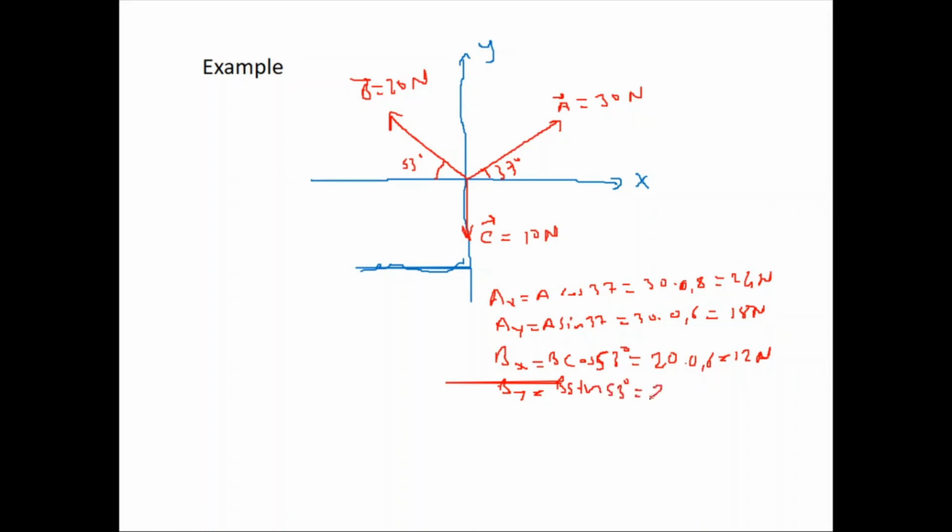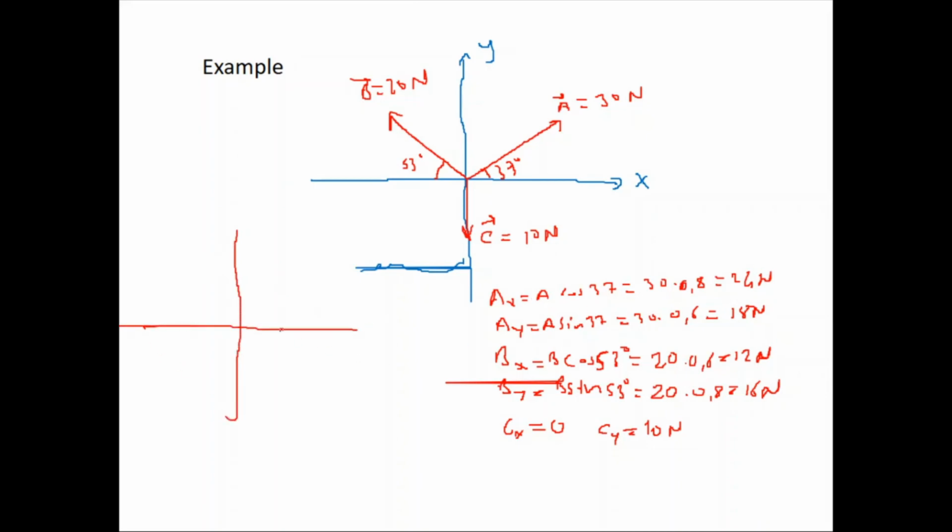And it is 20 times sine 53, 0.8 approximately. It will be 16 newtons. And cx, c does not have any components in the x direction, it is 0, and cy is already given, 10 newtons. So now let's draw all these components on our axis again.